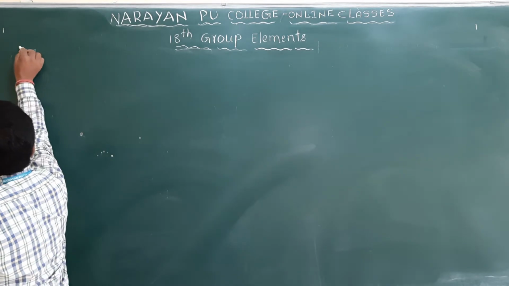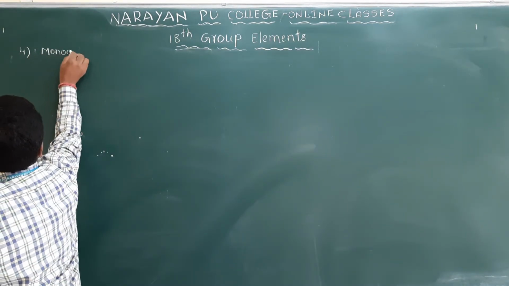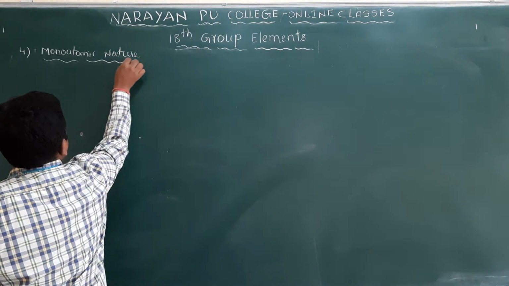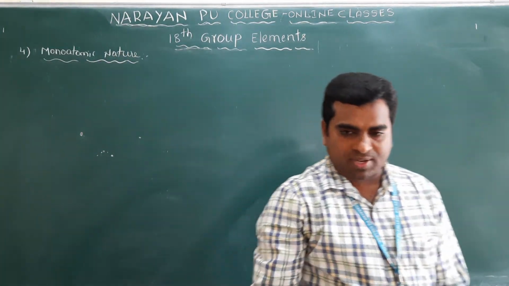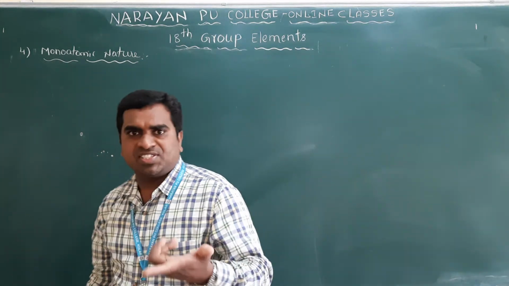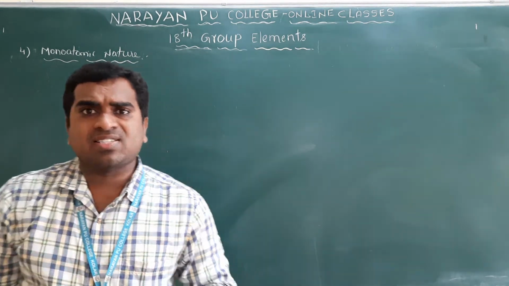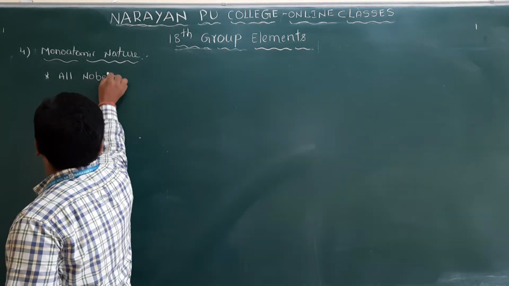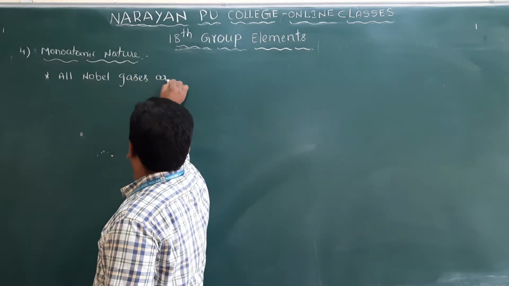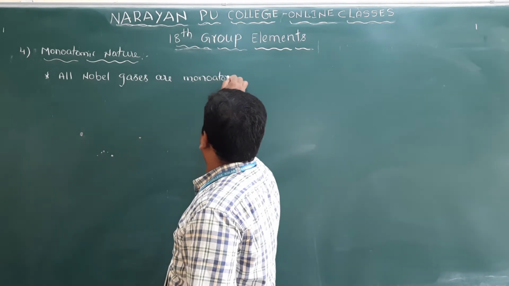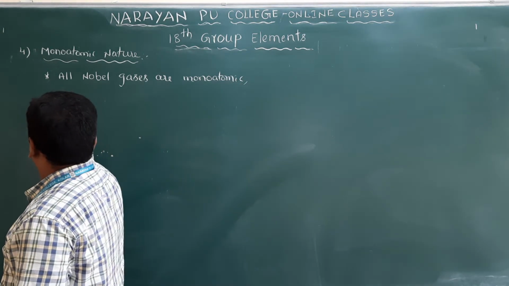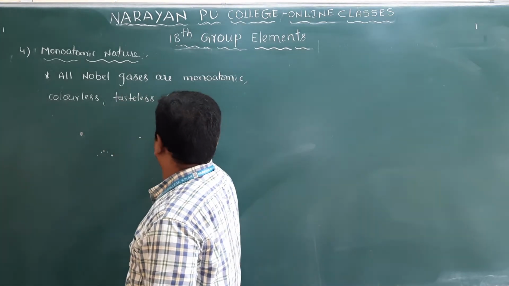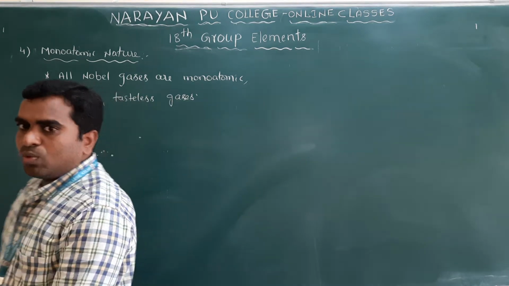Next one is monoatomic nature. All these noble gases are monoatomic. Monoatomic means they exist as single atoms, for example helium is He. All noble gases are monoatomic, colorless, tasteless gases. Why are they monoatomic?